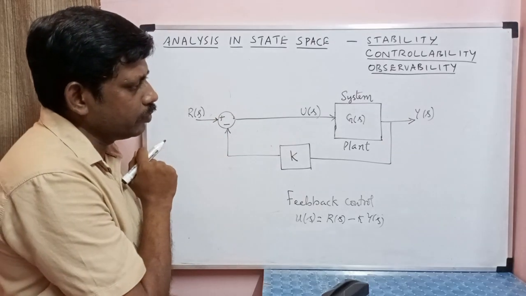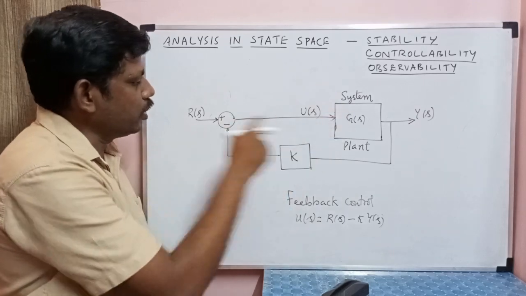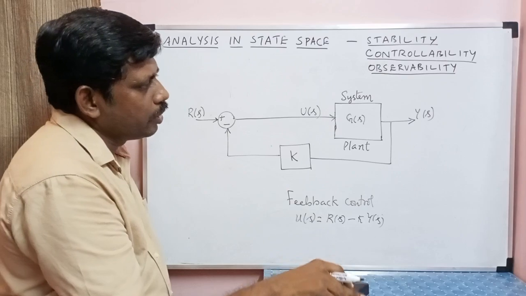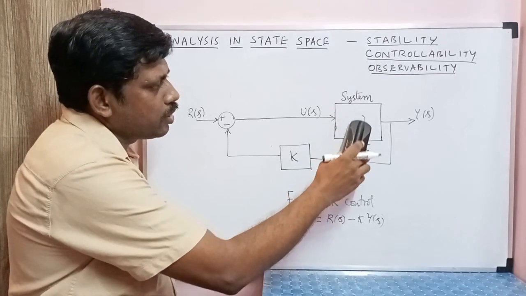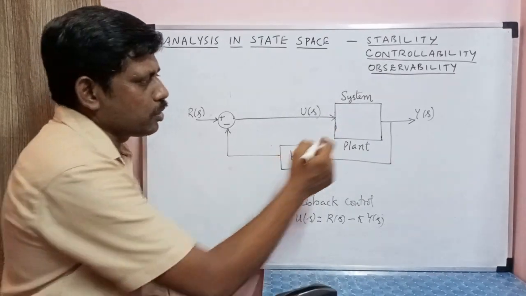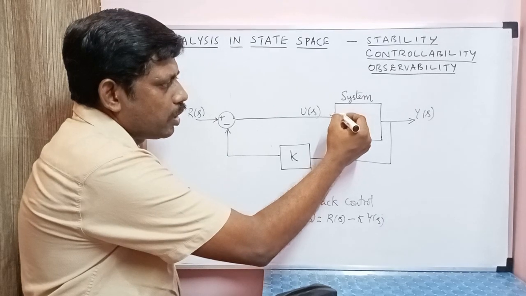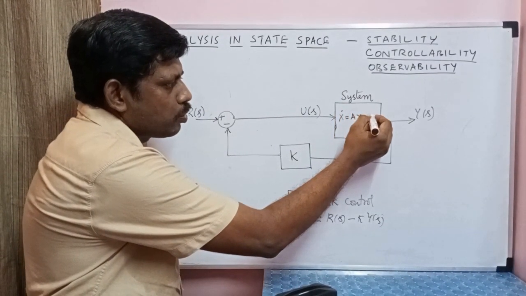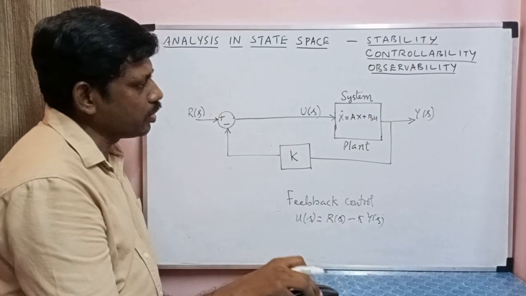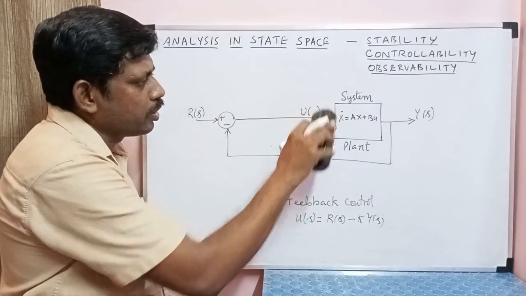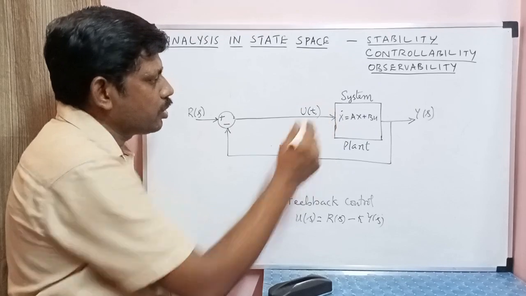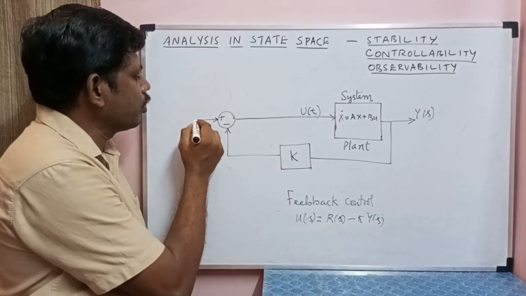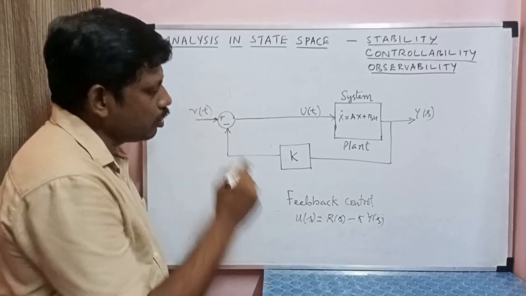Again, I'm talking about only the input and output, but if I change the system model to state space model, which is represented by x dot is equal to ax plus bu, of course everything is in time domain, therefore I have to change everything to time domain, r of t.